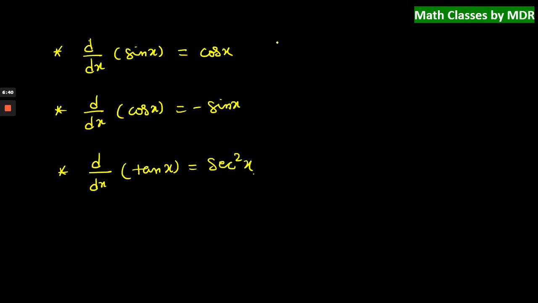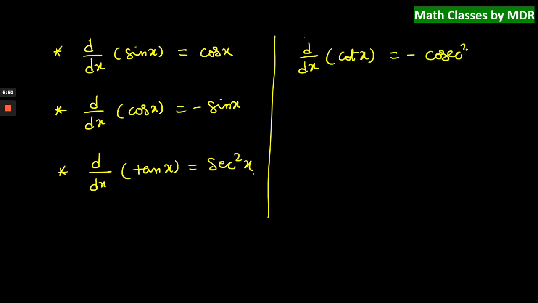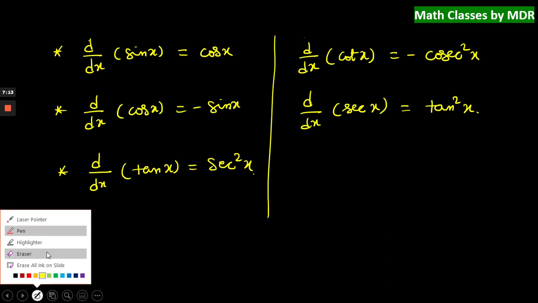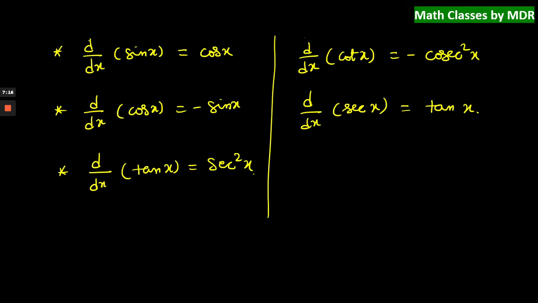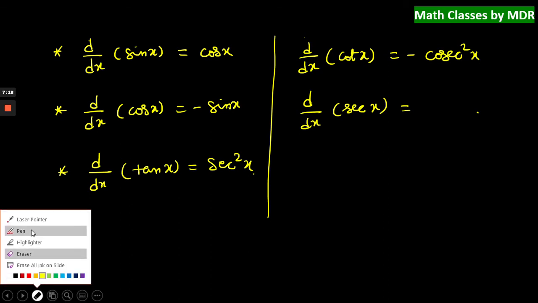Right? So from this, you'll be able to remember, d by dx of cot x will be equal to minus cosecant square x, and d by dx of secant x is, sorry, it is secant x tan x.